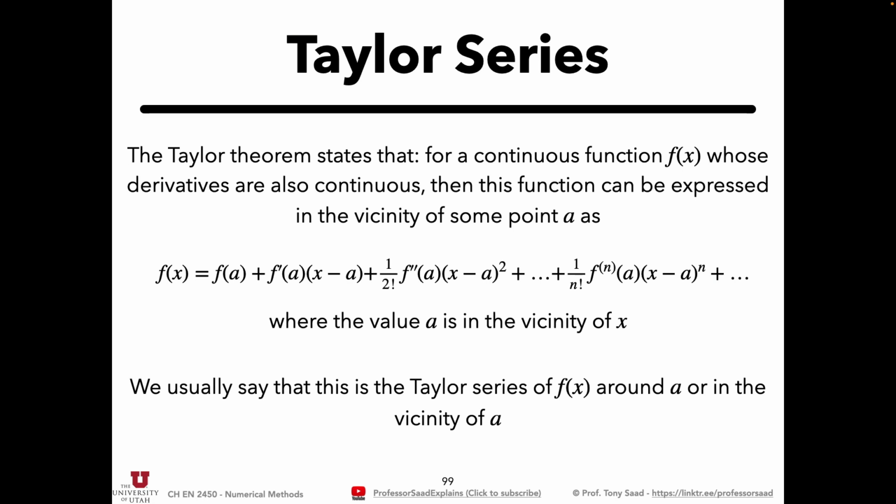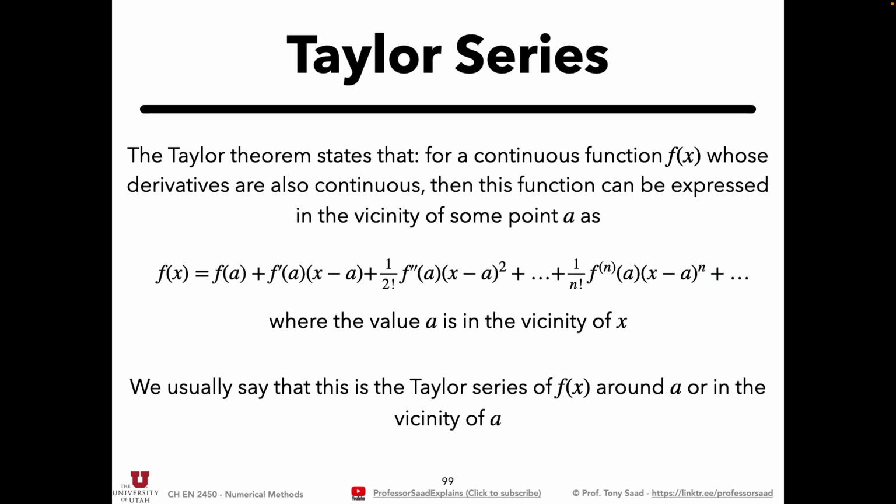So in this case, if I know everything about the function at point a, so I know f of a, I know f prime of a, I know f double prime of a, and so on, then I can predict the function value at x. What is x? Some arbitrary point in the vicinity of a. I can predict the function value at that point without knowing all the function values at that point. So by only knowing what happens at a, I can predict what happens at some arbitrary point in the vicinity of a.